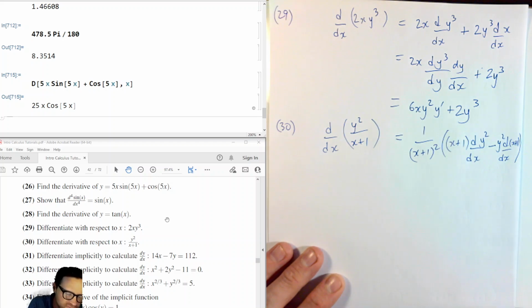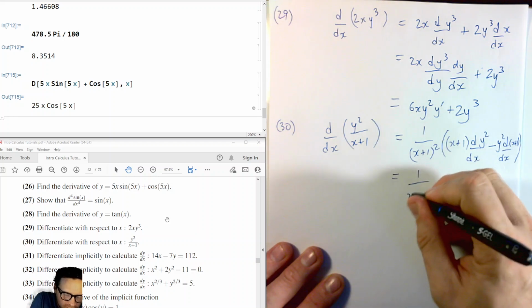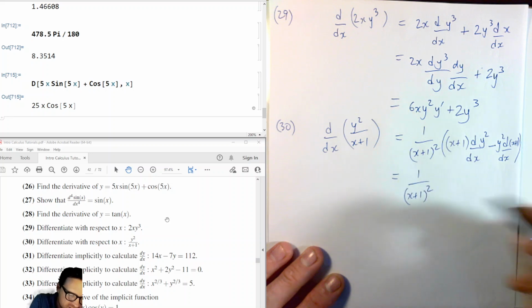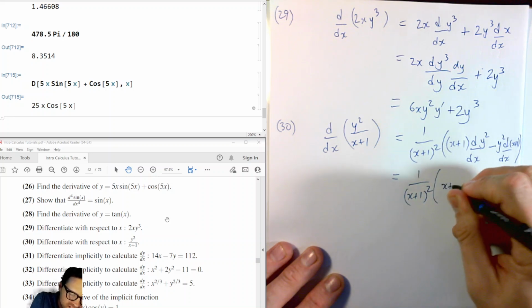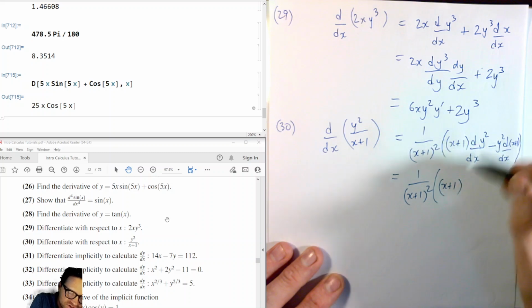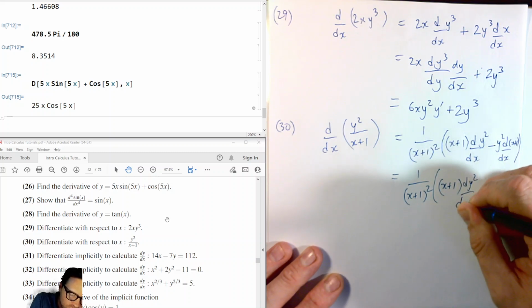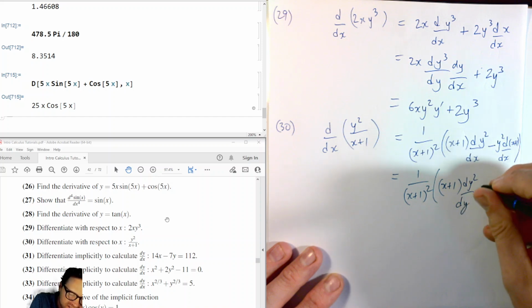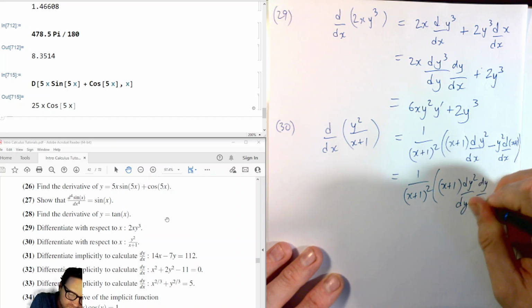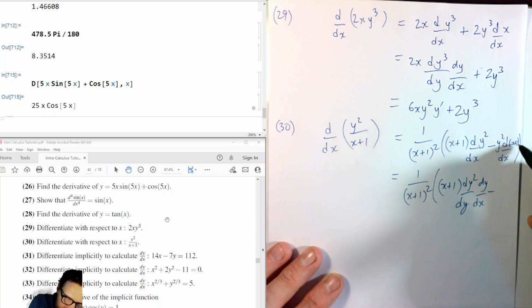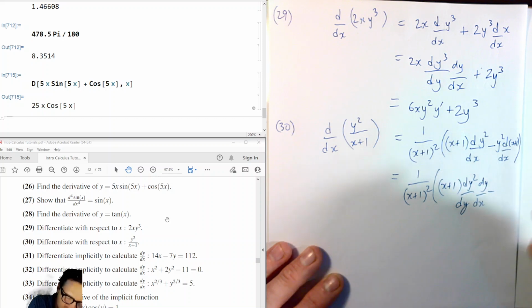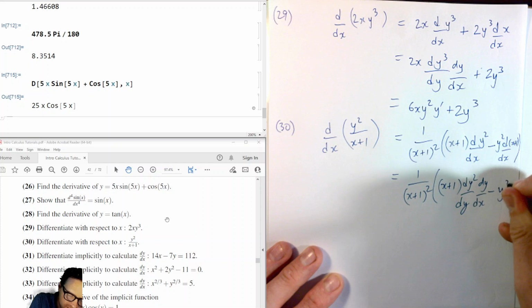Okay, and so let's simplify this. 1 on x plus 1 squared, and then we have x plus 1. Now we need the chain rule for this, so that's dy squared on dy, dy on dx. Now the derivative of x plus 1 with respect to x is just 1, so this is minus y squared.